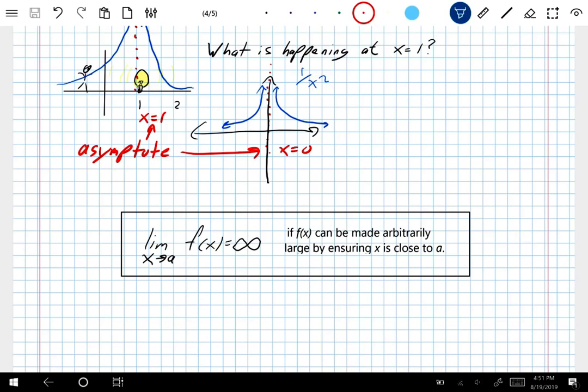We would often say this limit doesn't exist, but by the way, hey, it diverges to infinity to tell you something more. I'm not going to worry too much about that distinction, but you should be aware that it exists. So we're just going to say that this limit is going to infinity, and that this is the proper definition for our cases for infinity as well as for an asymptote.